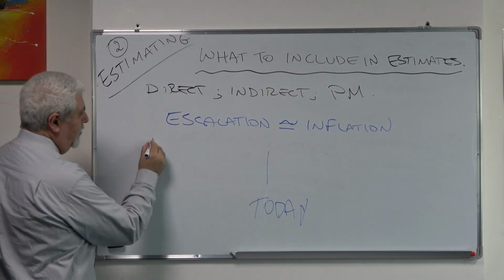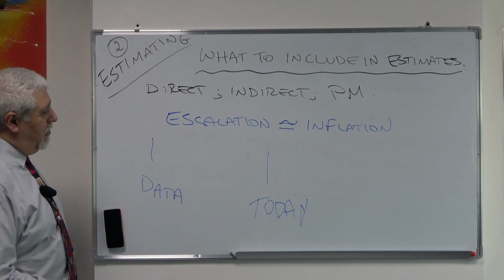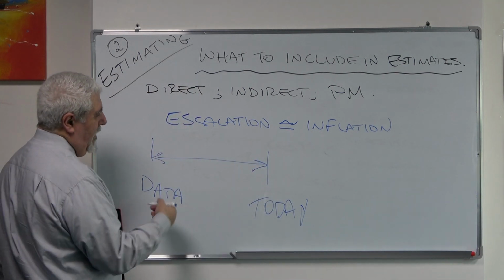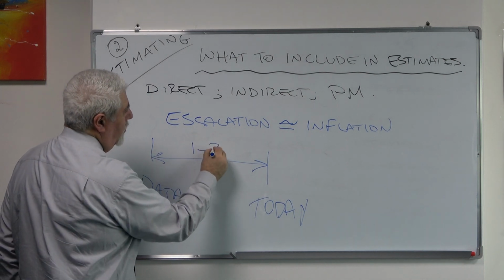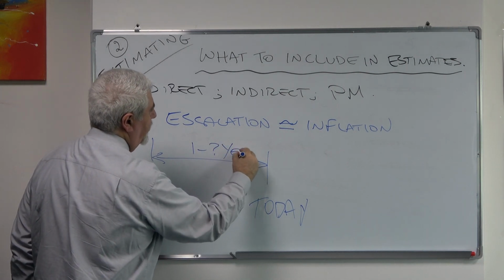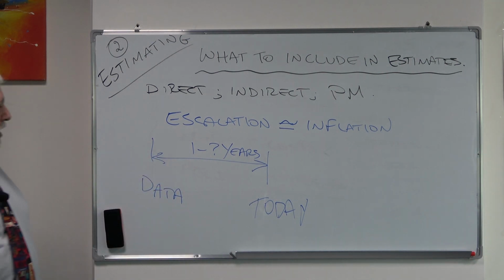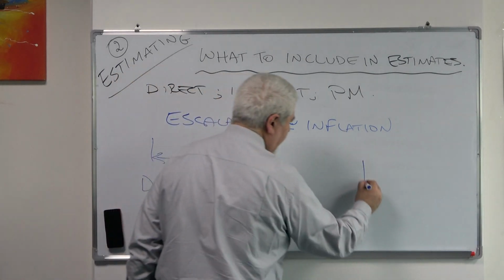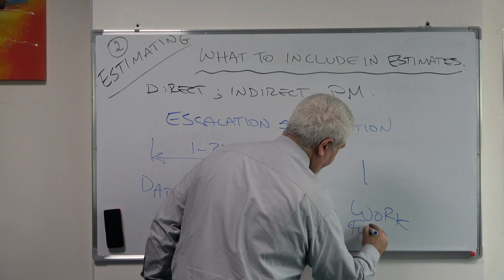Our data is here, again assuming historical data. This time frame here could be obviously 1 to 2 years, depending on how old the data is. And then your work or your expenditure could be done here, in the future.